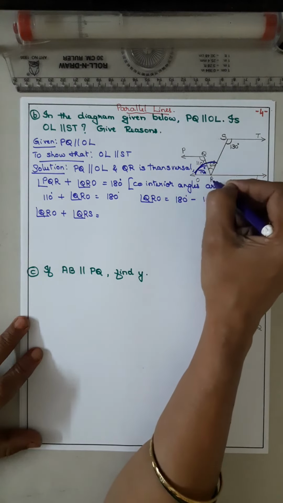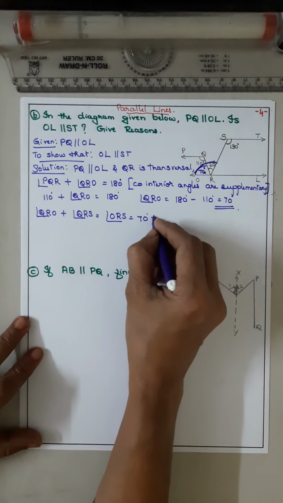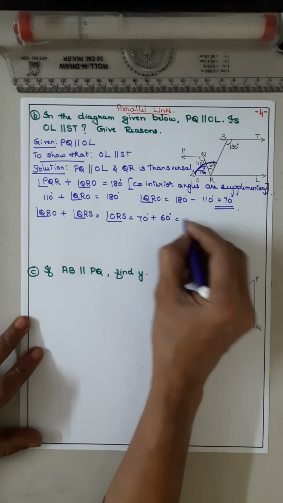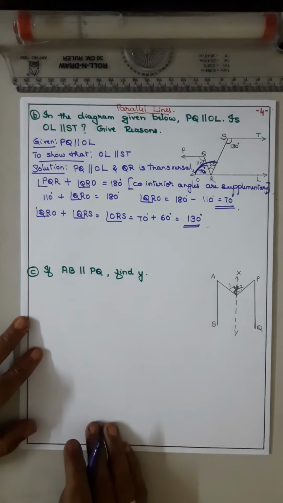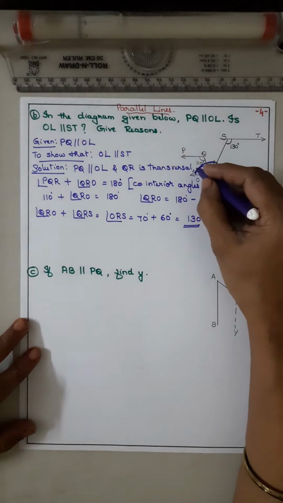How much will it be? 70 plus 60 is equal to 130. So, this full angle you got 130.